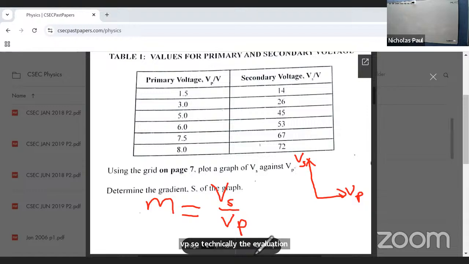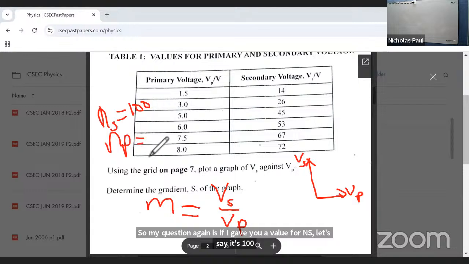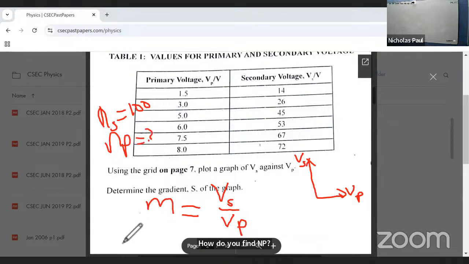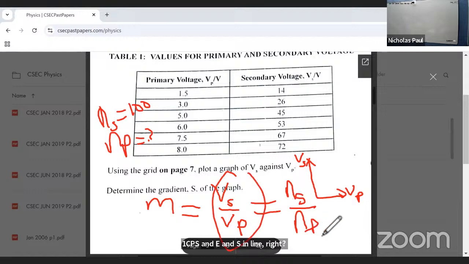Okay with that? So my question again is, if I gave you a value for NS, let's say it's 100, how do you find NP? You're going to use the formula: VS over VP is NS over NP. We have it the other way around, but it doesn't matter, once the VS and the NS are in line. So if you know this, then you can easily find this.